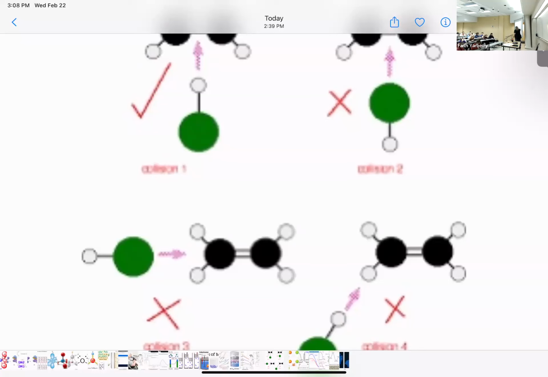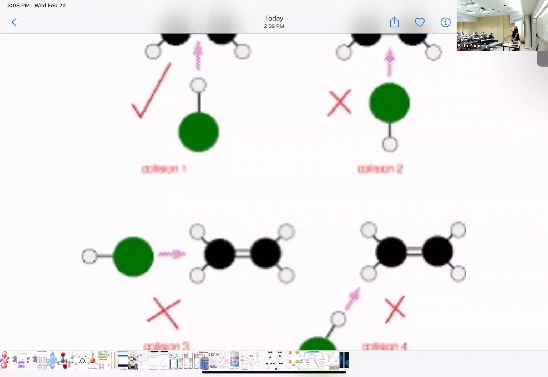But if you turn that molecule around, you're not going to get a reaction, because that collision is not going in the correct direction. Same thing here. If you have the green molecule and it collides with one of the black atoms, if it's not coming in right at that double bond, it's not going to have a proper collision.